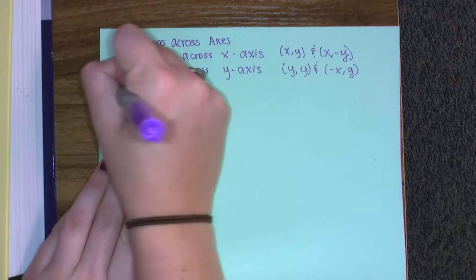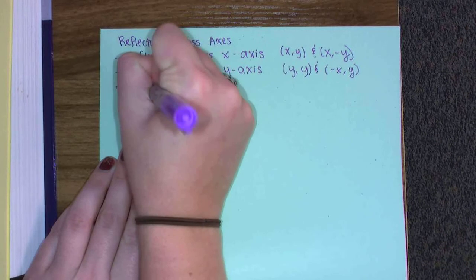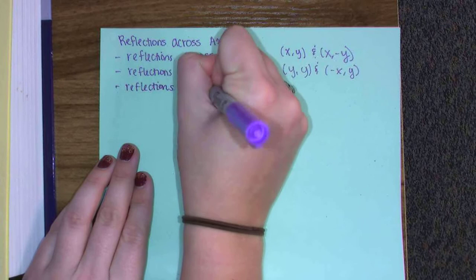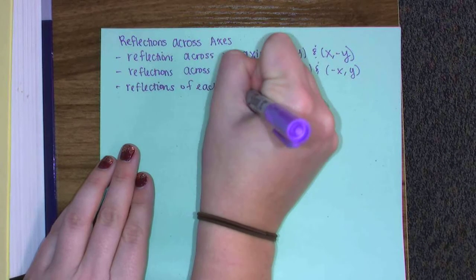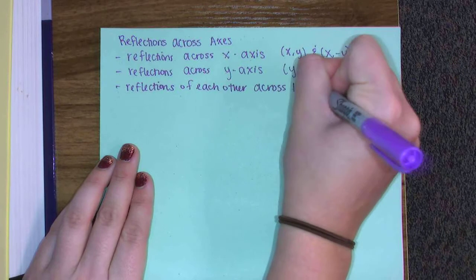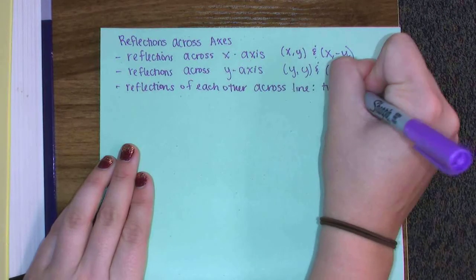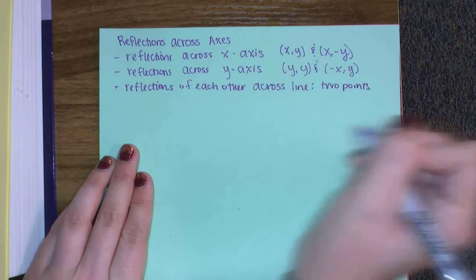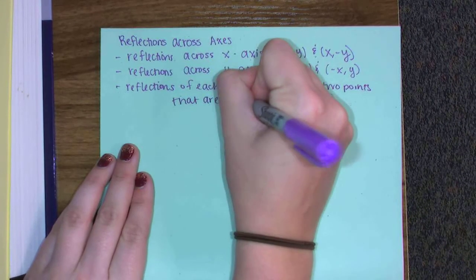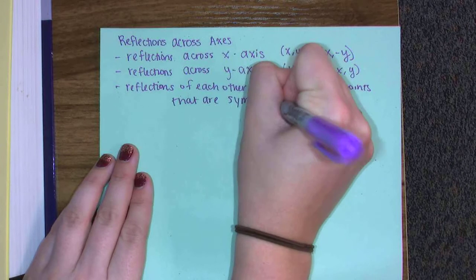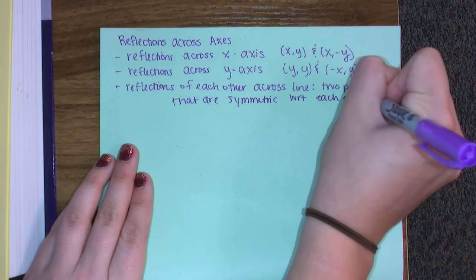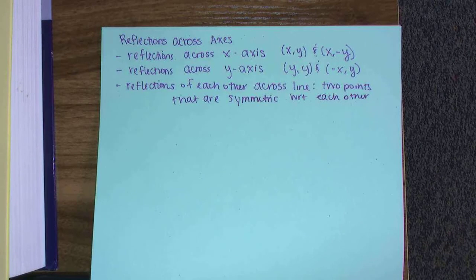And then reflections of each other across a line: two points that are symmetric with respect to each other, or sorry, with respect to a line.